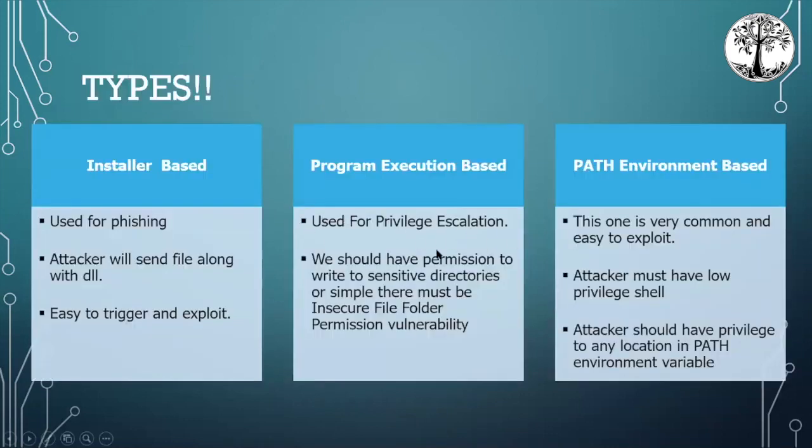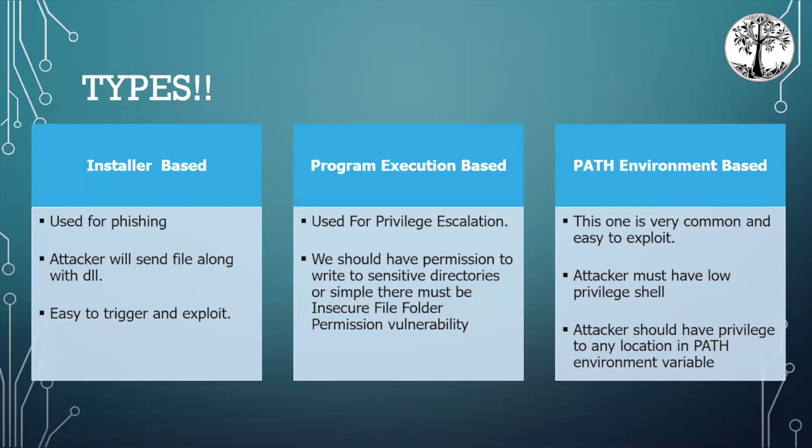Program execution based is mostly used for privilege escalation. Just consider that you already have access to the system. But you find a program which is used by your administrator, or which is automatically started by your administrator, or something similar to that scenario.